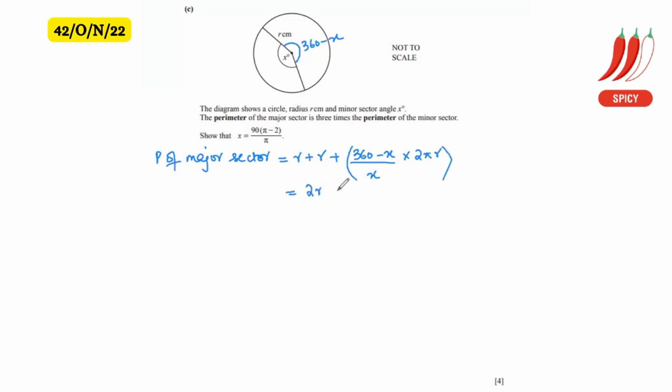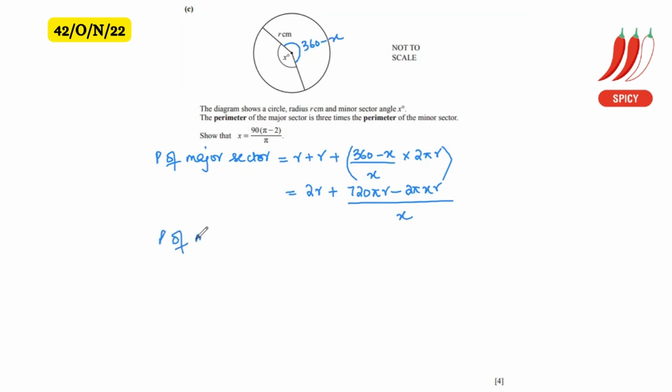Simplify that, that's 2r plus 720 pi r minus 2 pi xr over 360. This is the perimeter of the major sector.